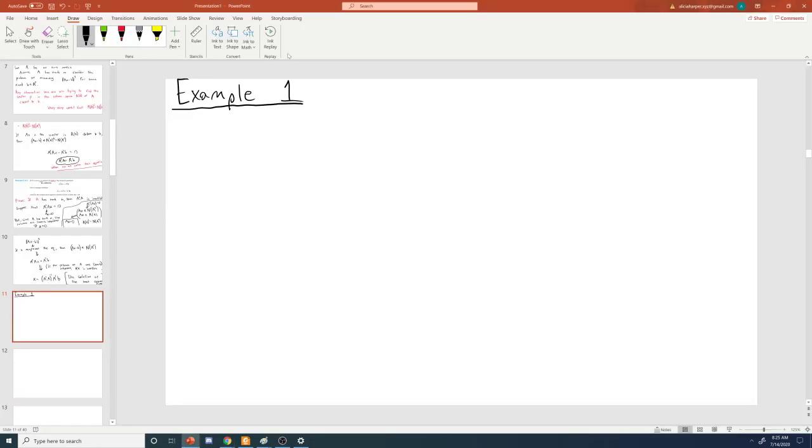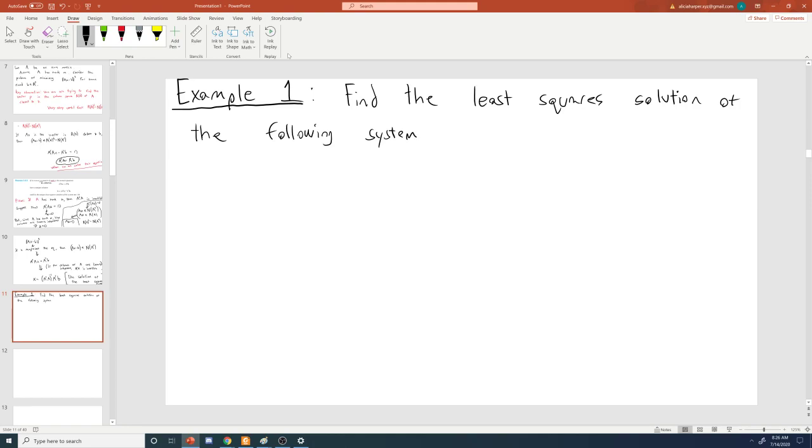And here's our first problem. What we want to do is find the least squares solution of the following system. I'm going to have 1, 1 here, negative 2, 3 here, and 2, negative 1 here.